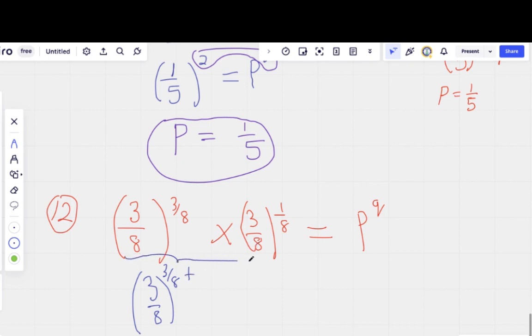Remember, these two bases are the same, 3 over 8 and 3 over 8, and this is times. We use the first law of indices. This is fractional indices. You now say 3 over 8 plus 1 over 8 is equal to P to the power of Q.